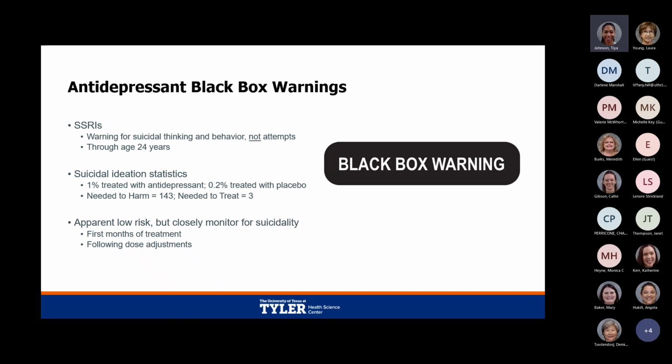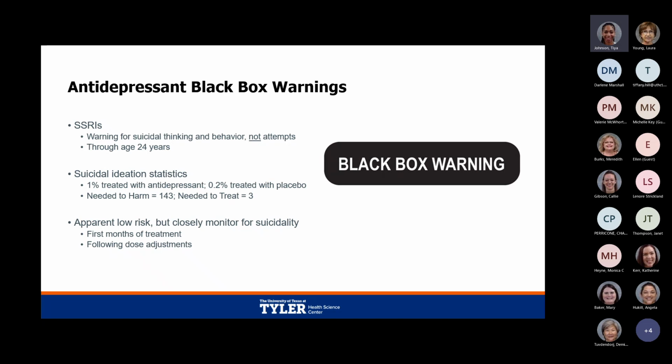Now, let's talk about the suicidal ideation statistics, just so you can have an idea of what that difference is. Suicidal ideation across all patients taking antidepressants is 1% in youth treated with an antidepressant, compared to 0.2% for youth treated with placebo.